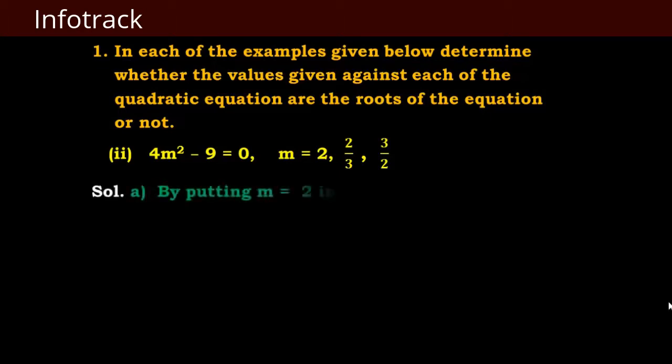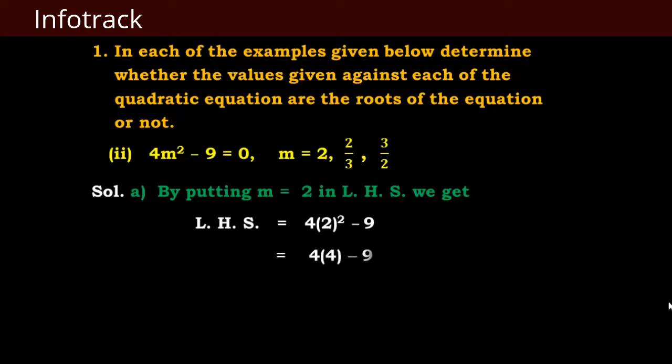Now let us start with the first value. By putting m is equal to 2 in LHS, if you get LHS equal to RHS, then we can say m is equal to 2 is the root of the quadratic equation. So by putting m is equal to 2 in LHS, we get 4 into 2 the whole square minus 9. 2 square is 4.